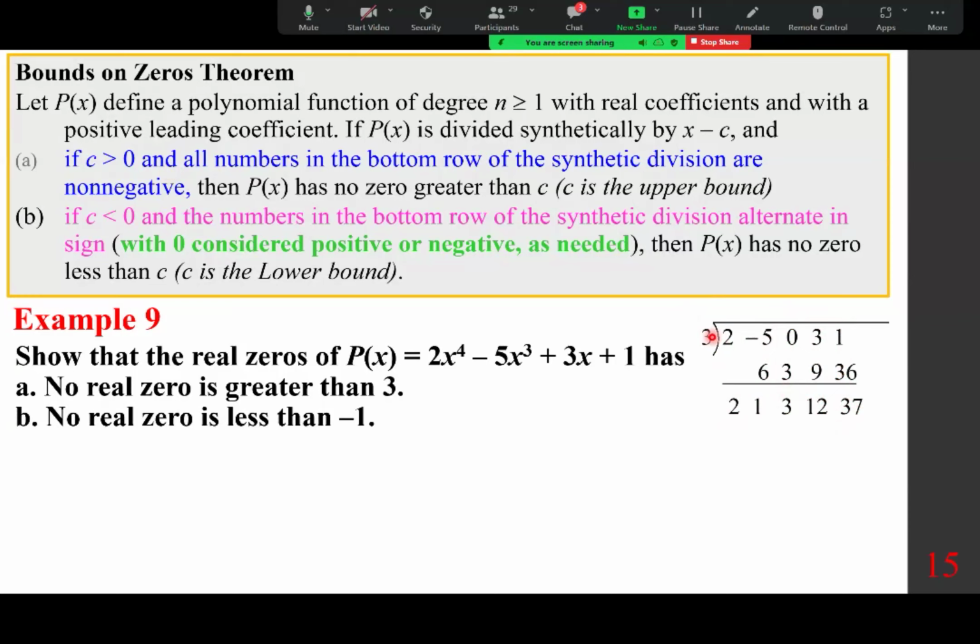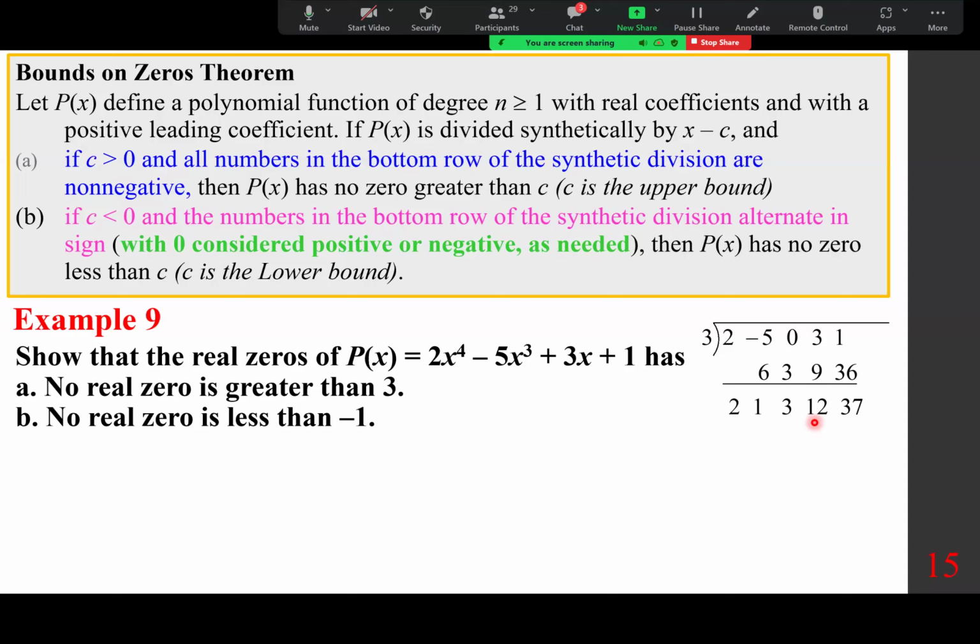If c is larger than 0, so number 3 is larger than 0, and all numbers in the bottom row of the synthetic division are non-negative. Look at it. All of them are non-negative. That means even 0 is okay. As you can see, all of them are positive.